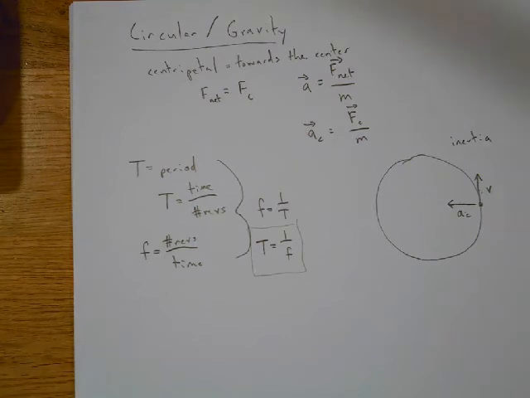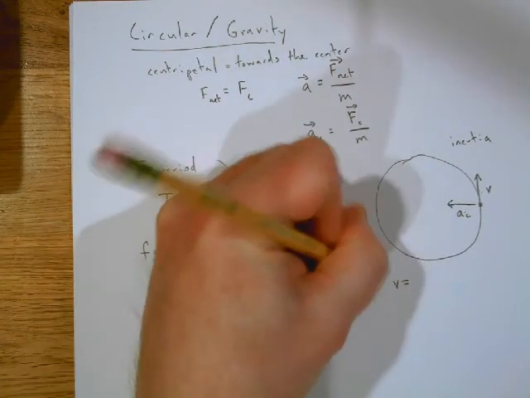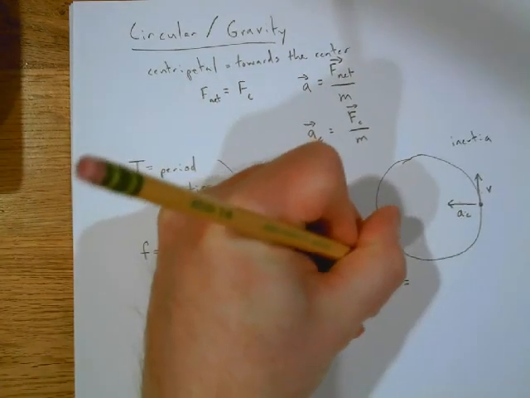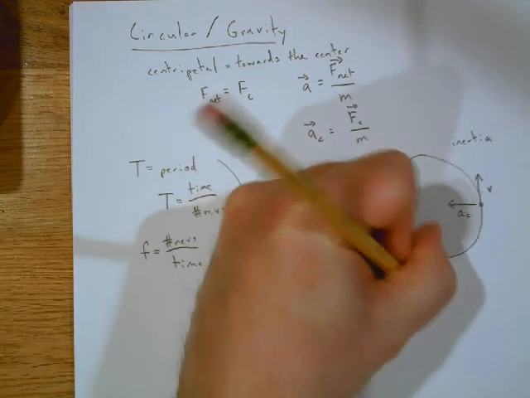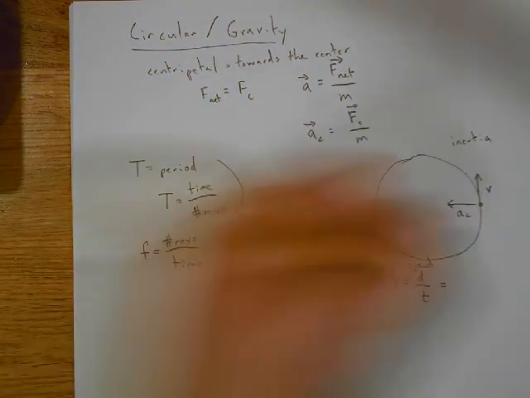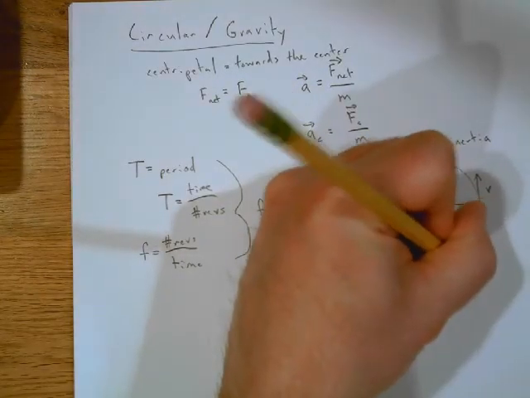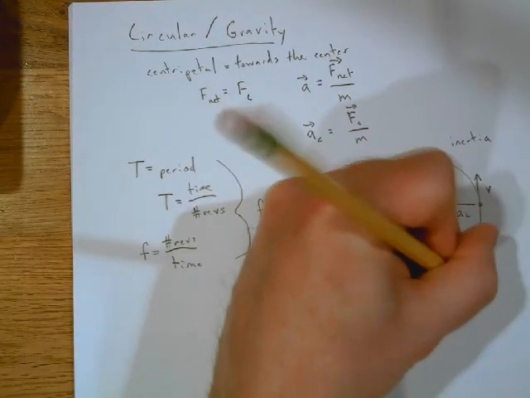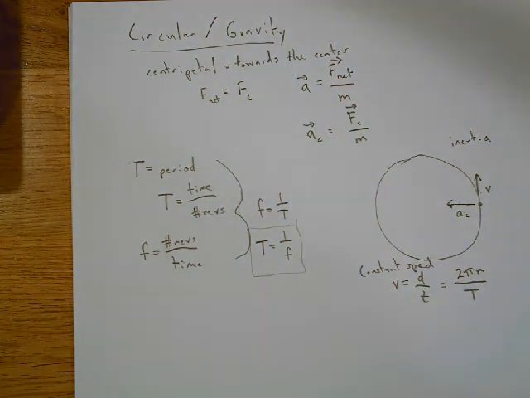And then we had this formula. If you're going at a constant speed, then you had V equals D over T. That was a lovely equation to use if you're going at a constant speed. Well, if you're talking about a circle, the D around a circle is called the circumference. And if you are going one time around a circle, the time would be the period.